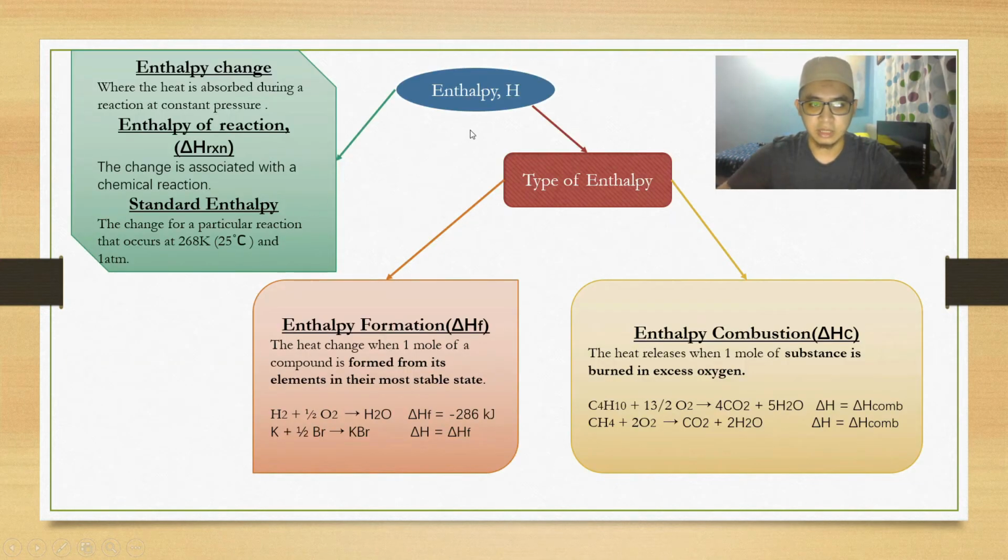Next is enthalpy. Enthalpy change is the heat absorbed during a reaction at constant pressure, and enthalpy of reaction is the change associated with a chemical reaction. The standard enthalpy is the change of a particular reaction that occurs at 25 degrees Celsius and 1 atm.